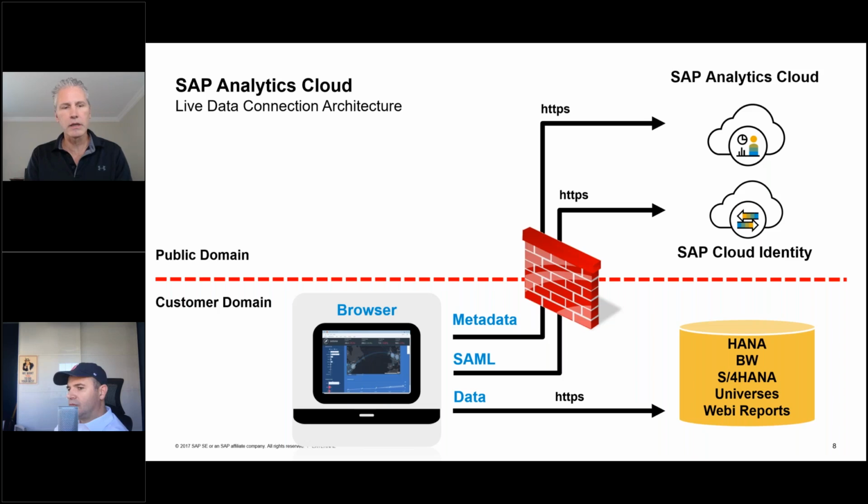So it all interacts live in the browser with HANA, but not just HANA: SAP Analytics Cloud can also connect live to your current universes and your current Web Intelligence reports. We'll talk more about this tool probably in other sessions, but this is our new cloud-based analytics.